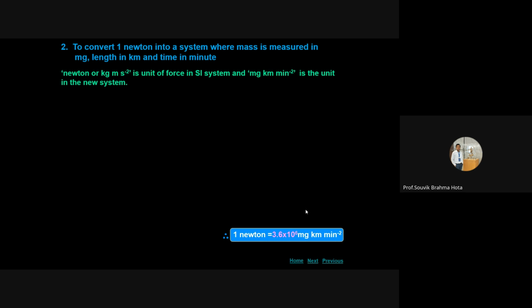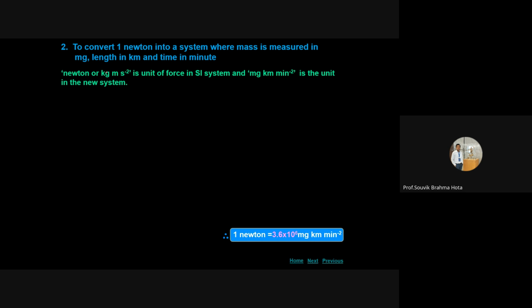M is kg, a is meter per second square, so kg meter per second square is the unit of force in the SI system. Whereas this new system is mg, kilometer and minute to the power minus 2.